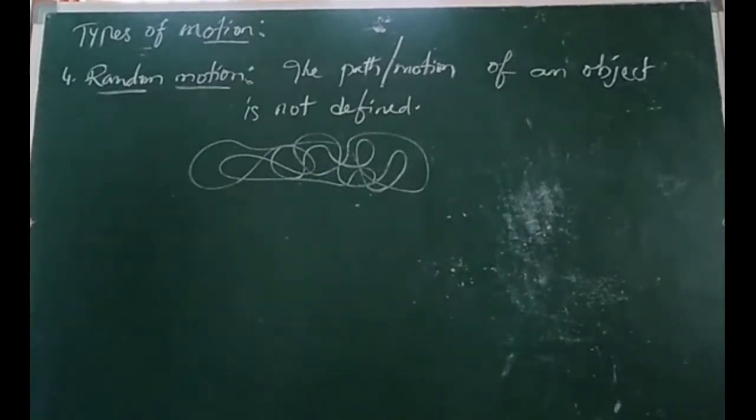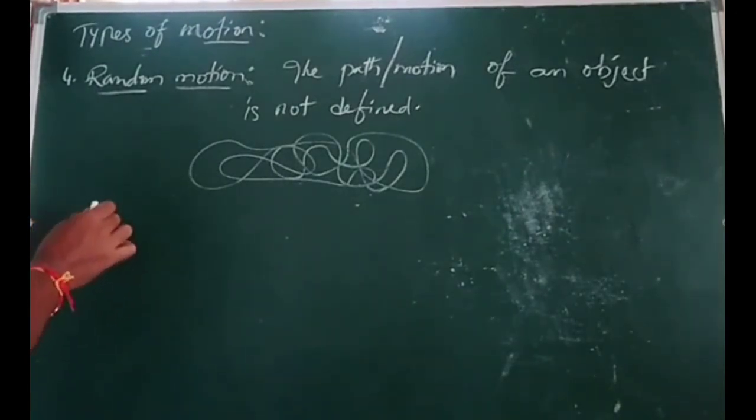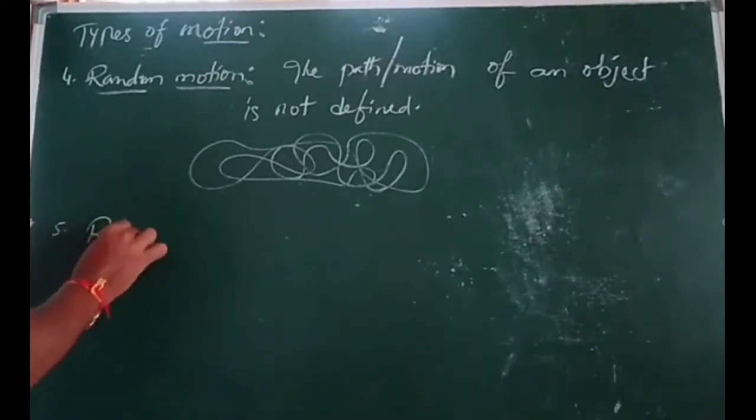And there is one more thing, but for this 7th class, both motions are the same, that is rotatory and circulatory or circular motion, as we already discussed.